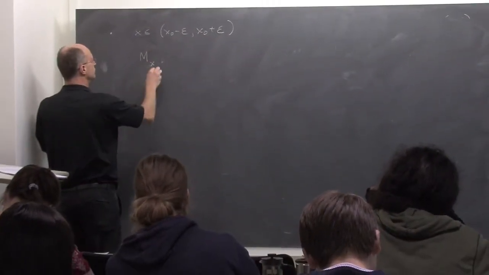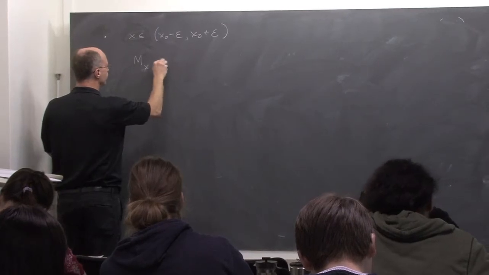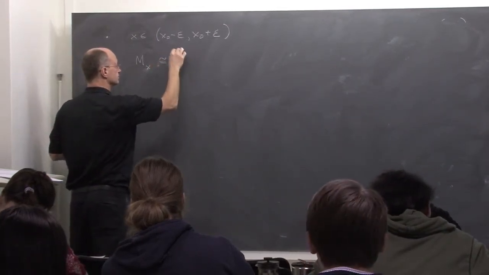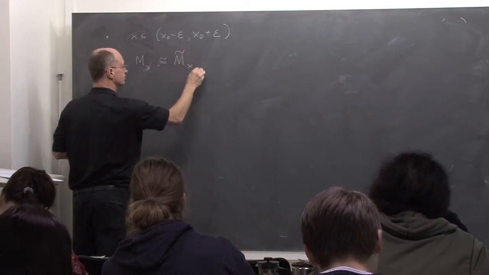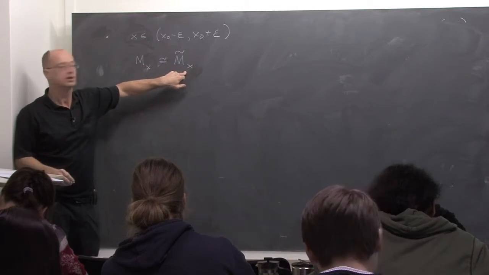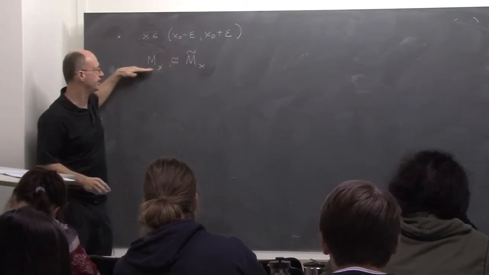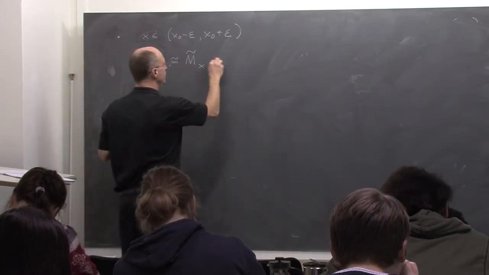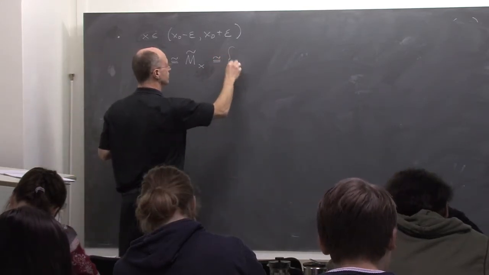And we want to compute M_x. Well, by the local normal form, it is the same as the reduced space for M tilde, because we identified locally M and M tilde. Now, what is this?